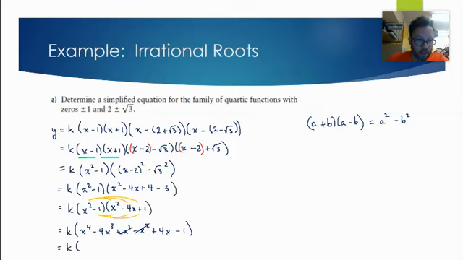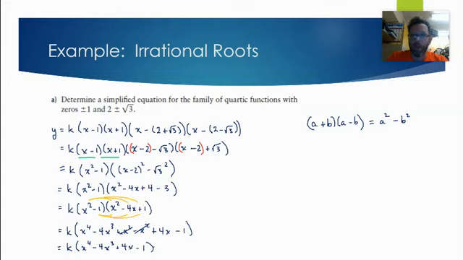We get k times x to the power of 4 minus 4x cubed plus 4x minus 1. And that equation describes all quartic functions that have zeros of 1, negative 1, 2 plus root 3, and 2 minus root 3.